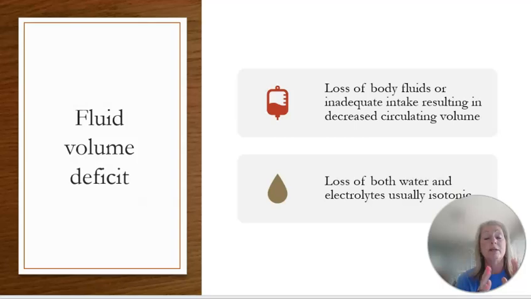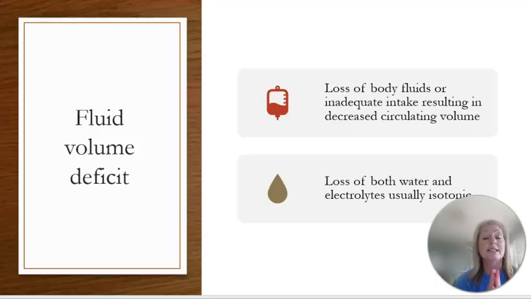And if all that is happening really good, we're in an isotonic balance. Sometimes we can revert into a hypertonic balance or a hypotonic balance. And those do change what we have to do for our patients. But if we have somebody that's losing both water and electrolytes, that's going to be more of an isotonic thing because they're losing both of them at the same time.